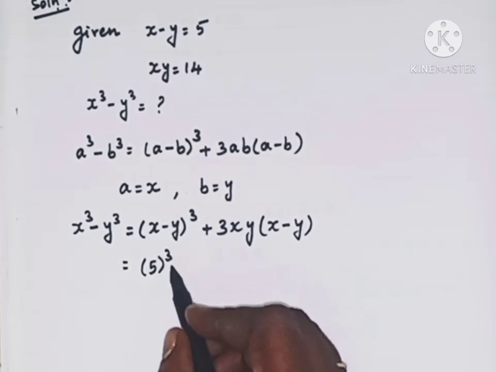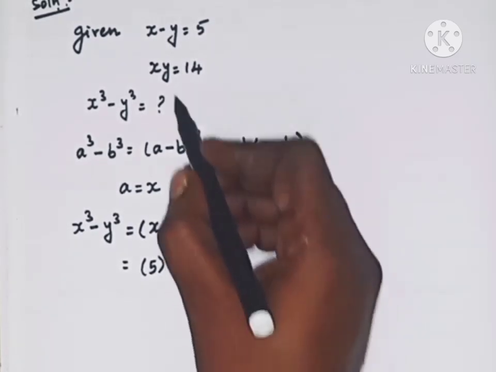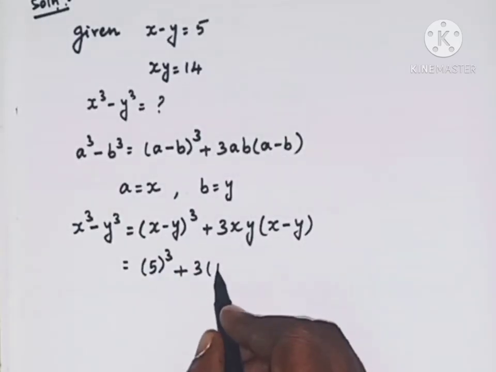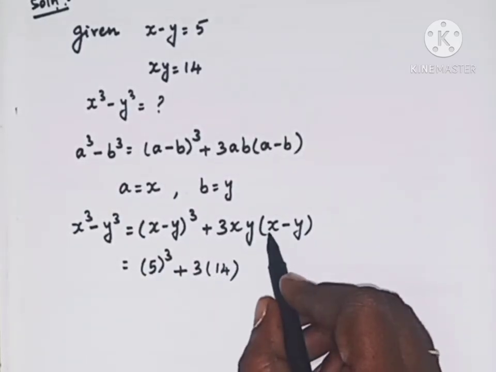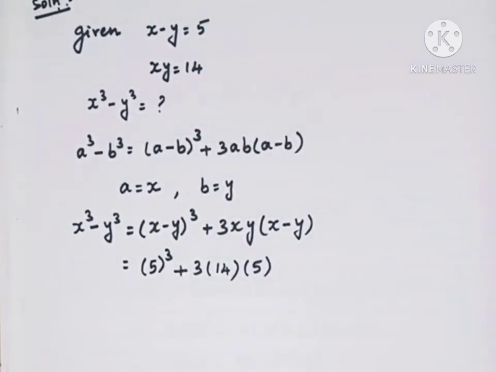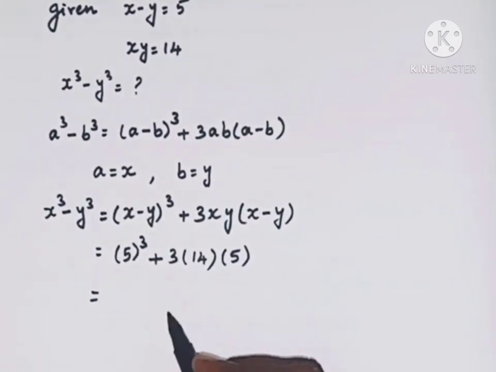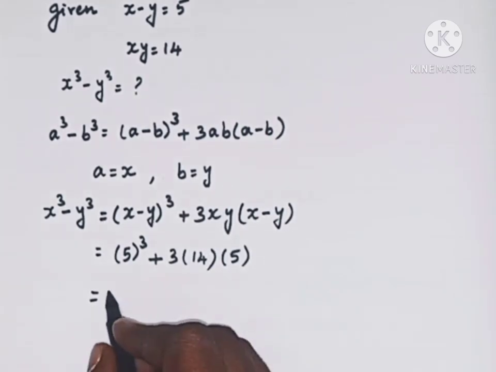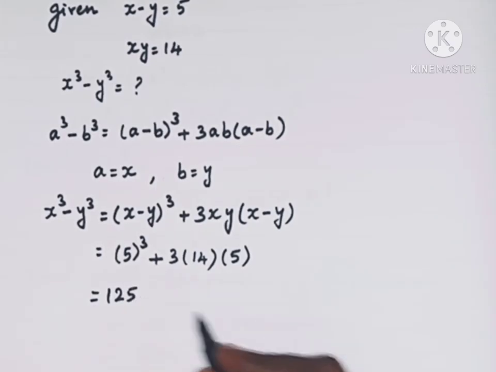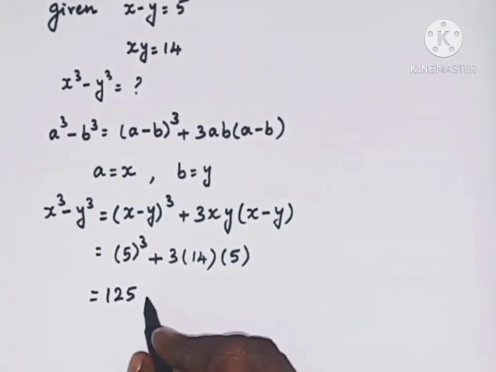So 5 cube plus 3 into xy. What is the value of xy? xy is 14. So 3 into 14 into x minus y. Again x minus y is 5. So 5 cube is nothing but 5 into 5 into 5, which is 125. 5 5s are 25, 25 into 5 is 125.